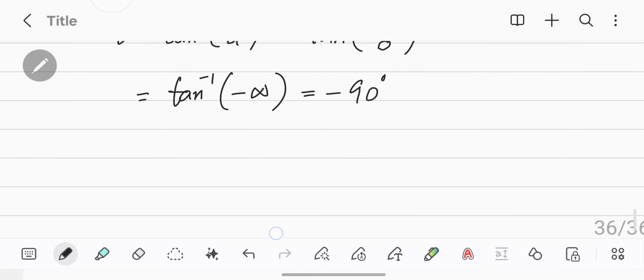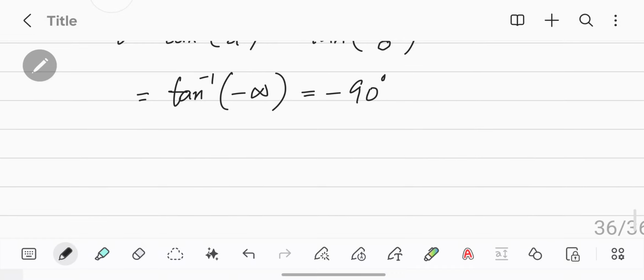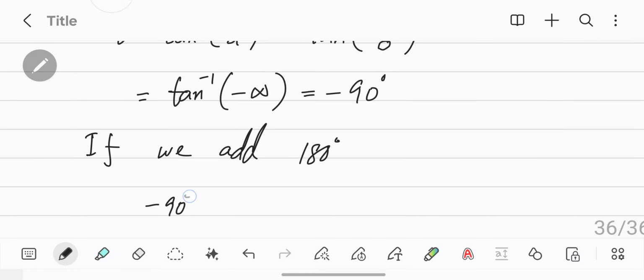Since the period of tangent theta is 180 degrees, I will check whether this is the correct answer, or if I add 180 degrees here, we get negative 90 degrees plus 180 degrees, which is 90 degrees.